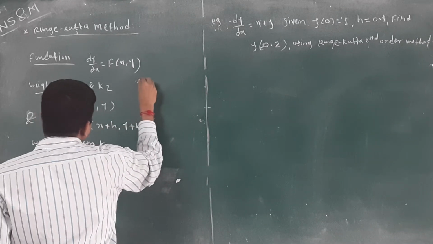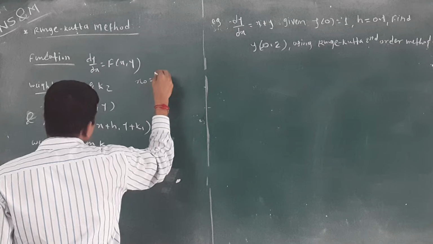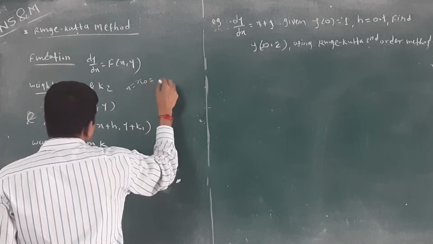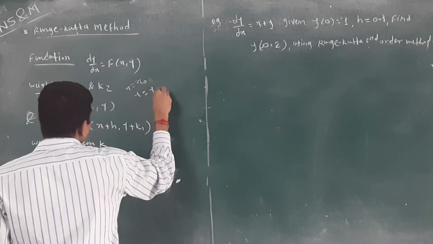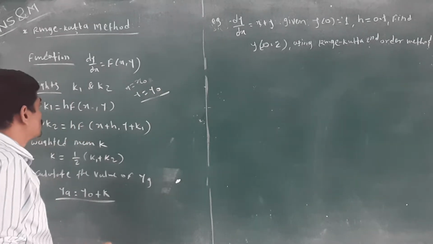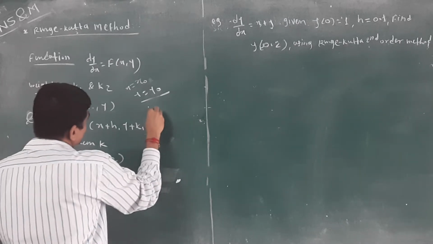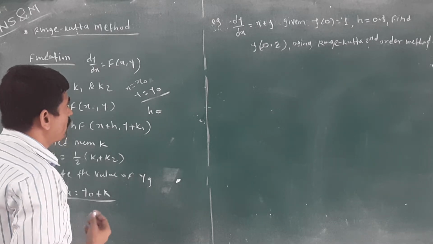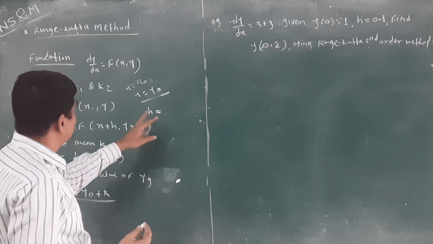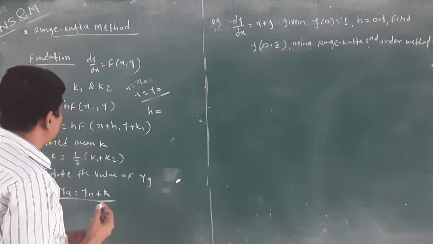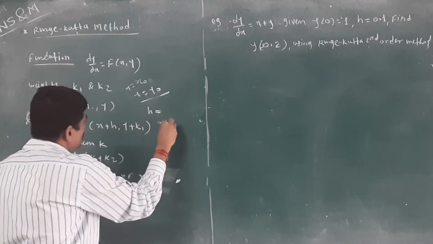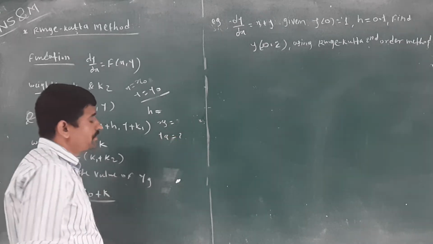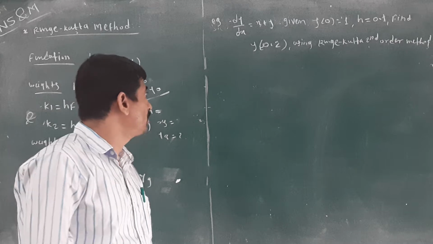The initial values are x equal to x0 and y equal to y0. These two initial values are given. Also the step size h is given, and the final x is given. You have to calculate the y value.